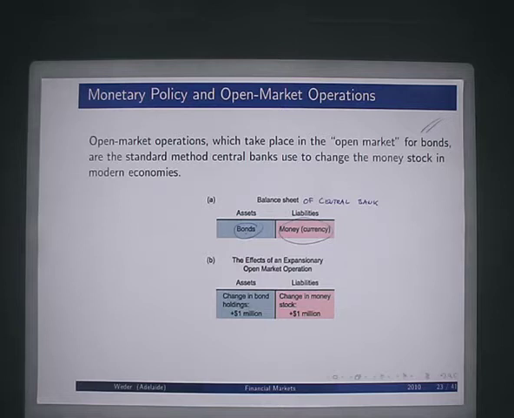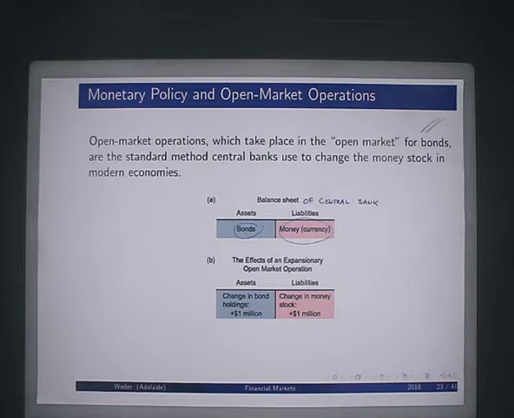Okay? So most likely they will not have a pile of money and just give it to somebody. It's just another private bank. This will show up on the account that this bank has with the Reserve Bank. But anyway, this money is then of course available for the private bank. Okay. And why do we call it an expansionary open market operation?